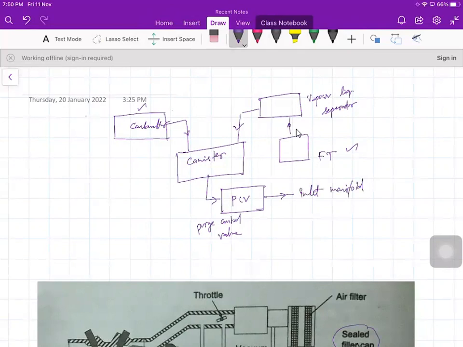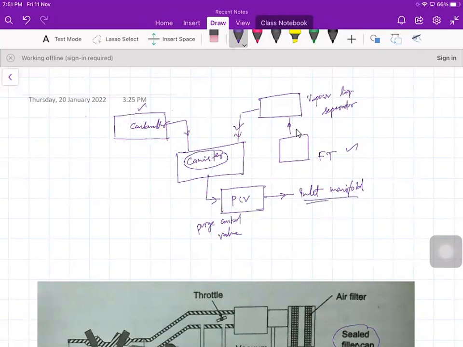So the overview of how the evaporative loss is controlled is shown in this line sketch. Whatever vapor losses come from the carburetor are sent to the canister, and from the fuel tank are also sent to the canister. From the canister, it is directly sent to the inlet manifold.